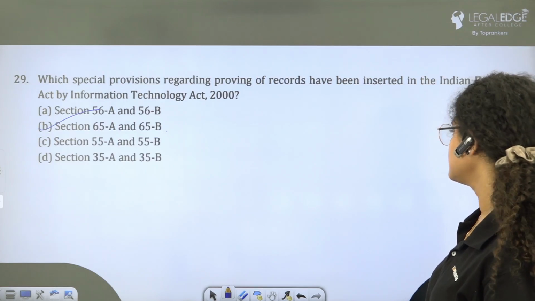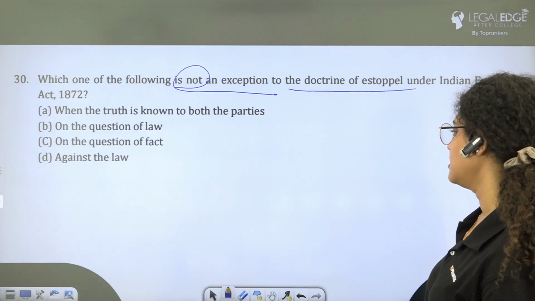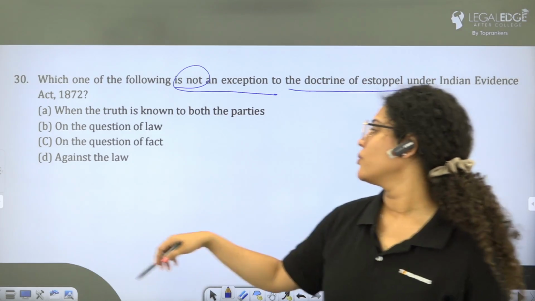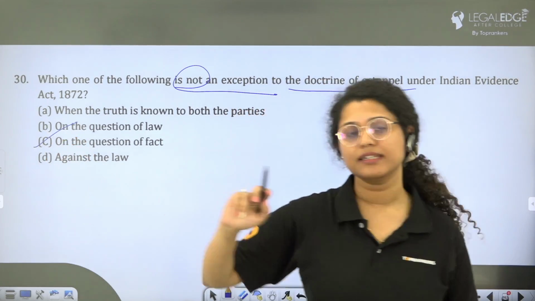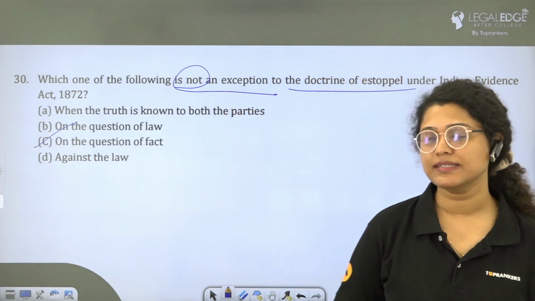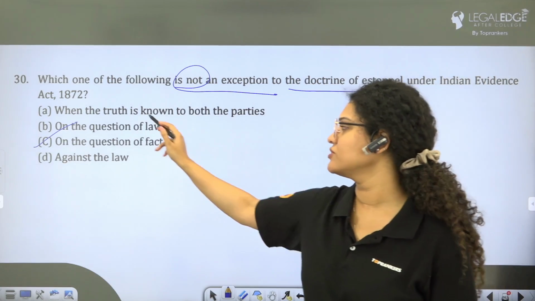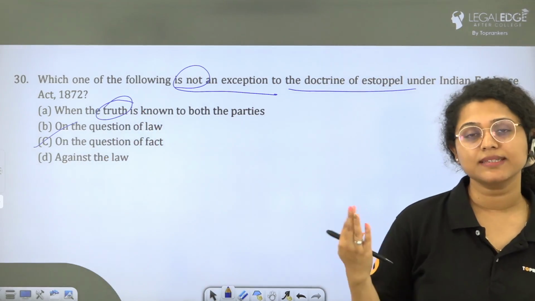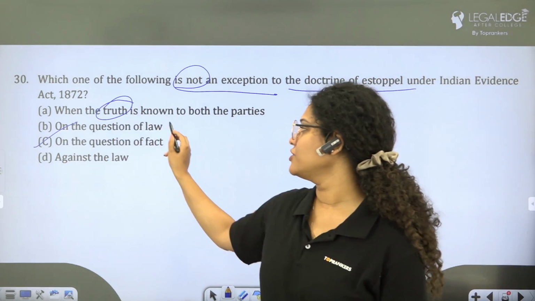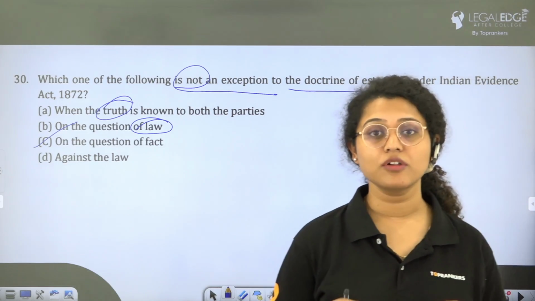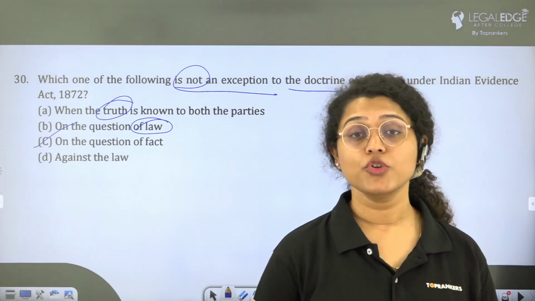Oh, one second. If it is made on a question of fact, then the doctrine of estoppel applies. If any false statement is said when both the parties know that it is the truth, then estoppel will not arise. If both already know it is the truth, where would estoppel come from? On a question of law, whether you lie about the law or not, there is always a presumption that everyone knows the law.